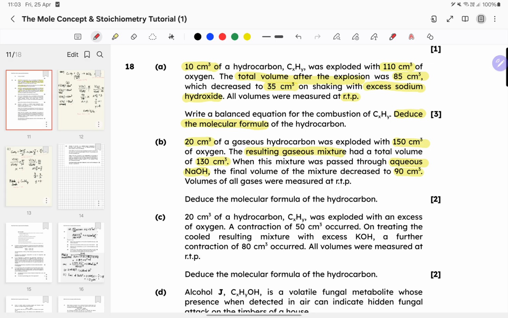So essentially the phrasing is very similar: you're talking about the resulting gaseous mixture after the explosion and the final volume decreasing to something. In that sense, we're not talking about a contraction of the volume of gases, but the final volume of gas after a certain event has taken place. So these two questions are very similar. I hope you can try to do this on your own.